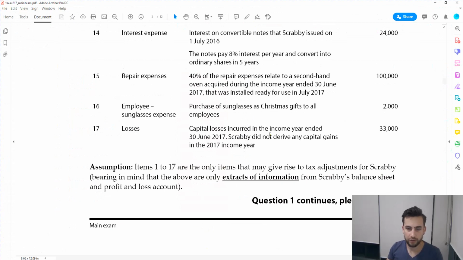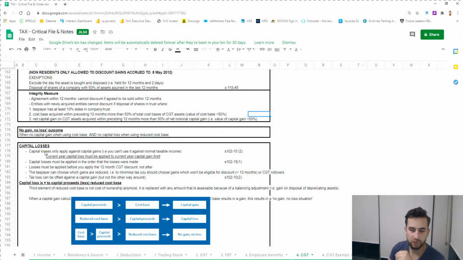Okay, last one is losses. So they've got capital losses in the income year ended 30 June. They did not derive any capital gains in the 2017 income year. Okay, well, it's a capital loss, but they didn't have any capital gains for the 2017 income year. So basically, and you should know by common sense, a capital loss only applies against a capital gain.